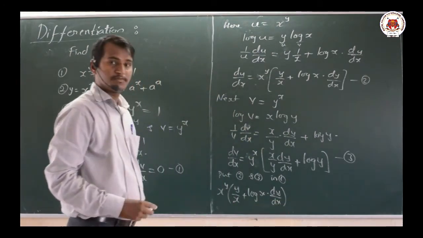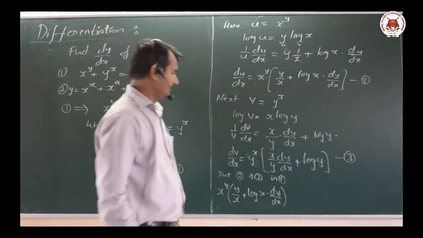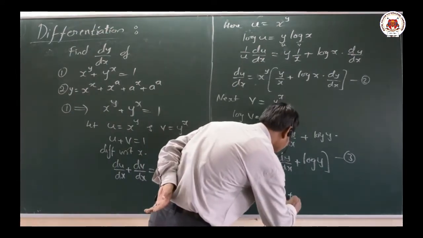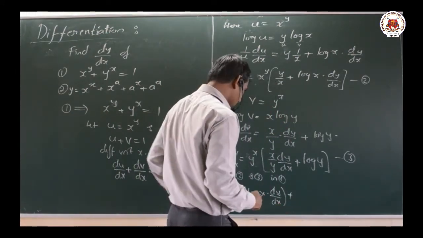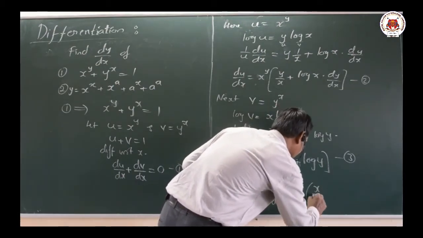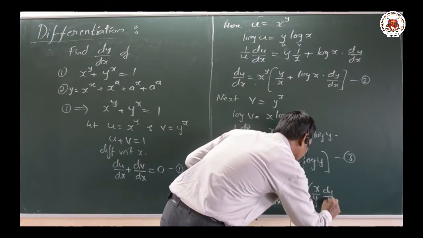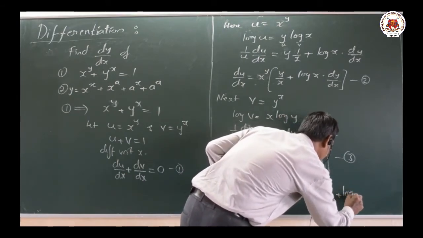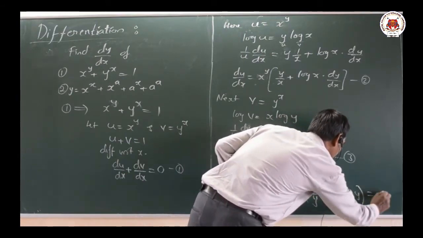The next part is plus v into dv by dx. The value for dv by dx is y raised to x into x by y into dy by dx plus log y, equal to 0.